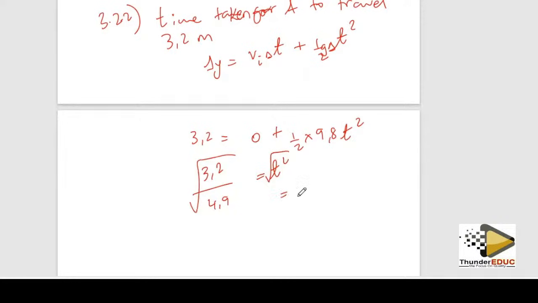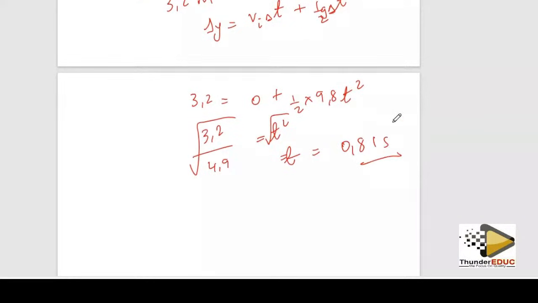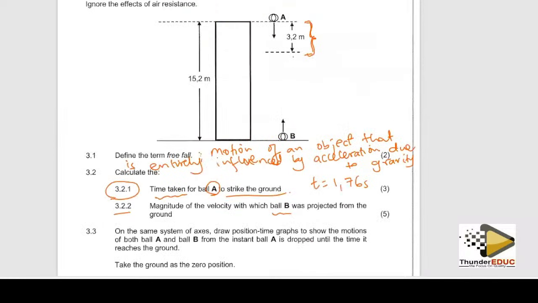So square root of 3.2 over 4.9 is giving me 0.81 seconds. Okay. So this is the time that object A had traveled just for this small distance.